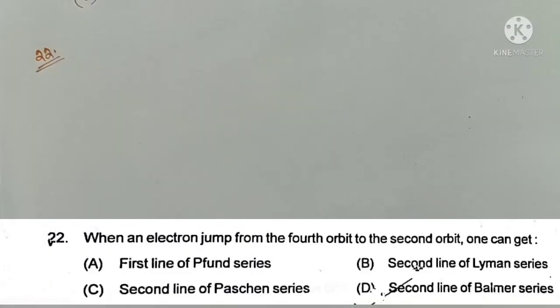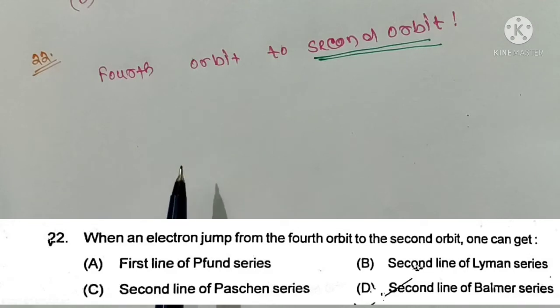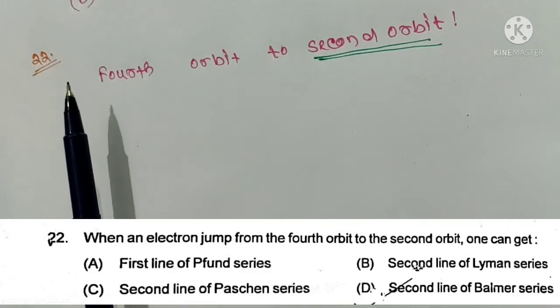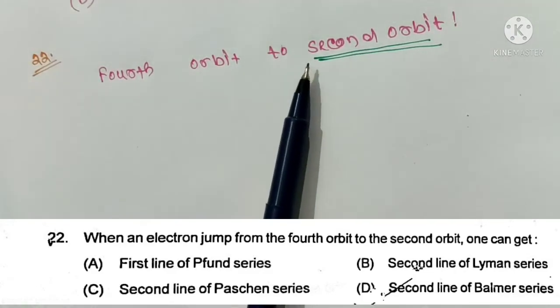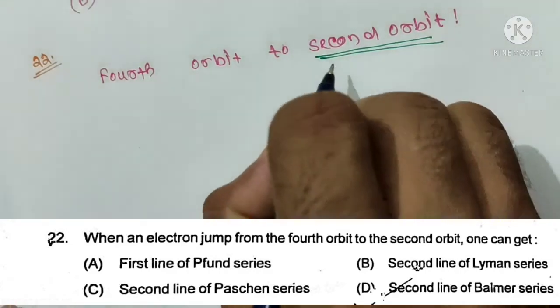Question number 22. When an electron jumps from the fourth orbit to the second orbit, one can get? We know whenever an electron jumps from a higher excited orbit to the second orbit, it results in Balmer series.